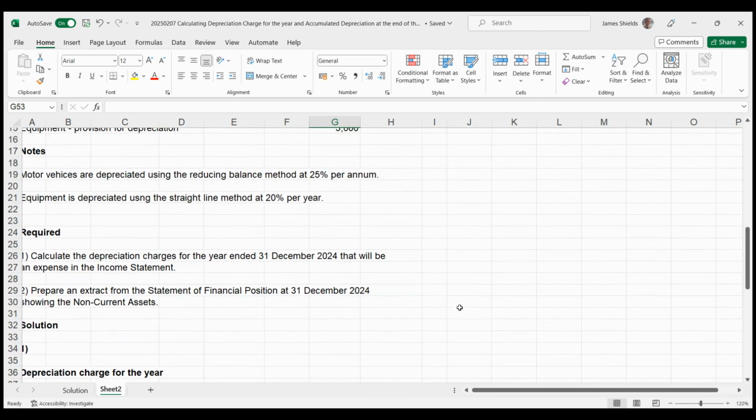Now, I've used in the notes here 25% per annum there, 20% per year there, just to show you that per annum means per year and per year is the same as per annum. Motor vehicles are 25% per annum and equipment is 20% per annum. It's the same as 25% per year and 20% per year.